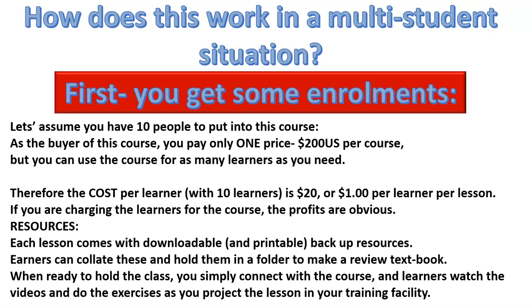But you can use the course for as many learners as you need. As many as you can fit in your training room. So it doesn't matter. There's no upper limit, as long as they can all access it. Therefore, the cost per learner, let's assume with 10 learners, is $20 per learner, or $1 per learner per lesson.